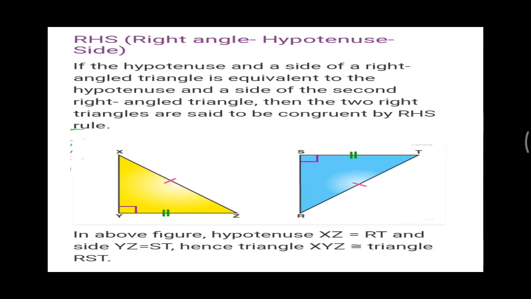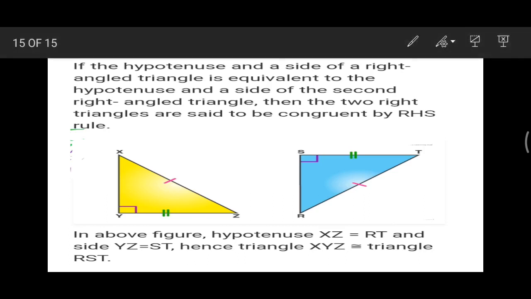The last congruency, RHS, right angle, hypotenuse and side. In this, right angle is necessary, hypotenuse is necessary to be equal, and one side is necessarily to be equal. Here you can see these two triangles are given. This is the definition.